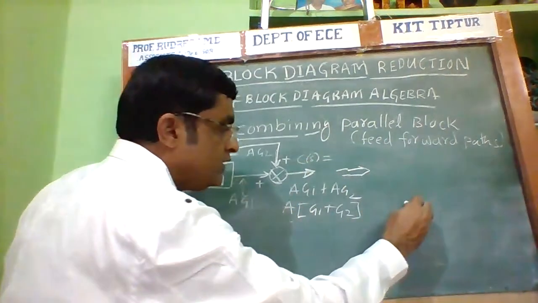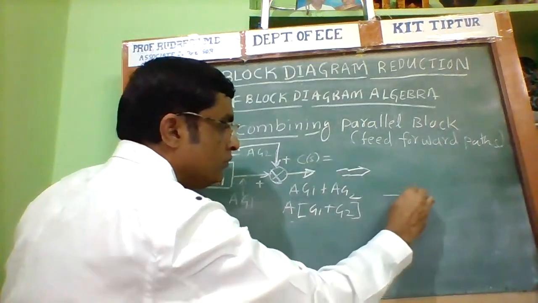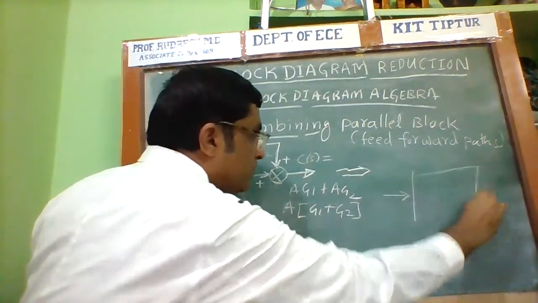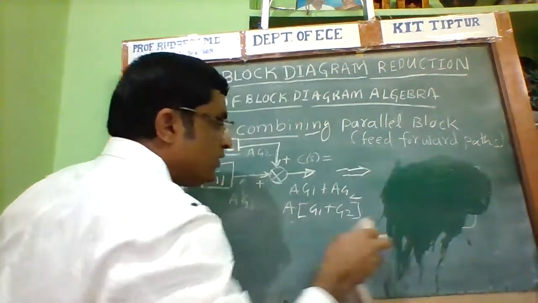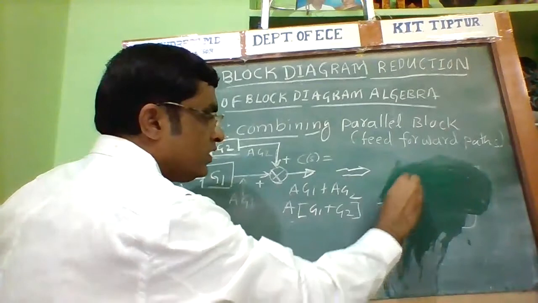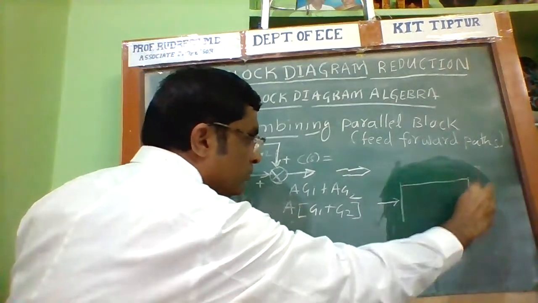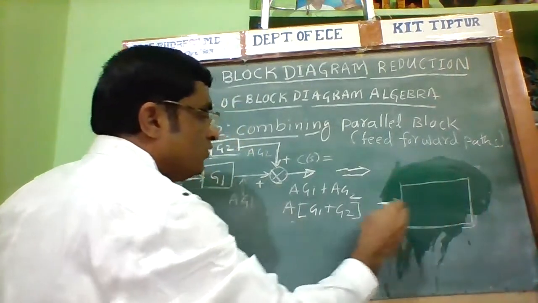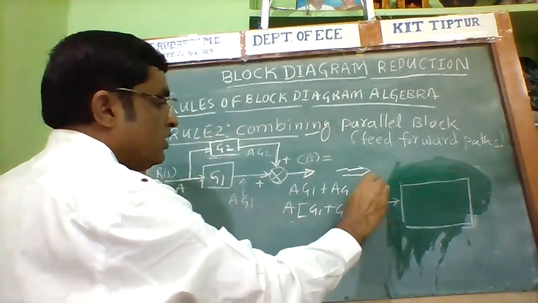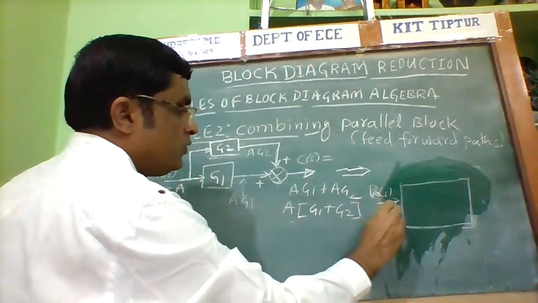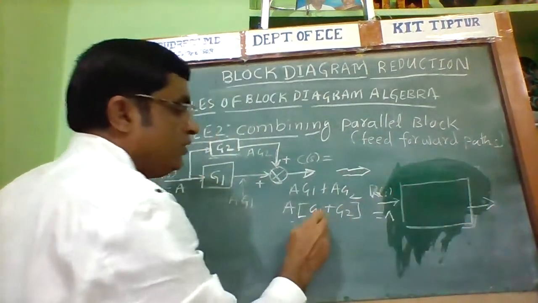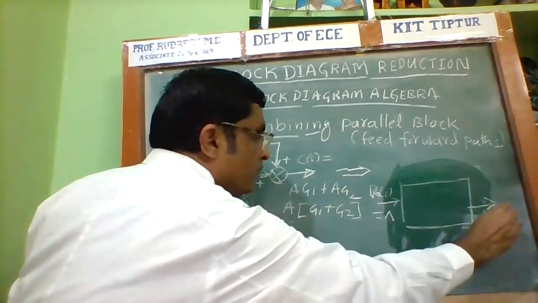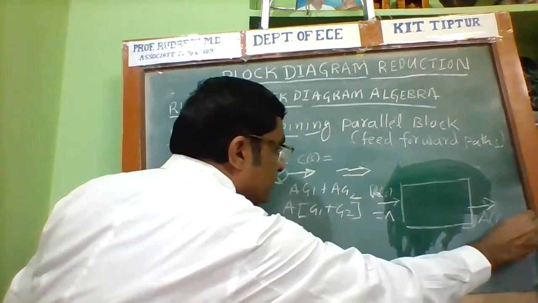Now, I should represent this in a single block. If the blocks are connected in parallel, I should represent them in a single block. What is the input? R of S is equal to the input A. What output should I get? A into G1 plus G2.